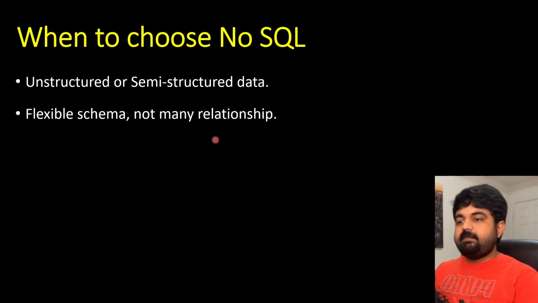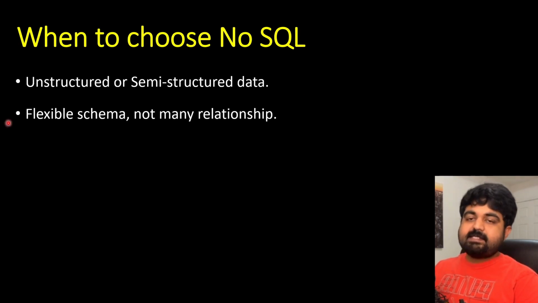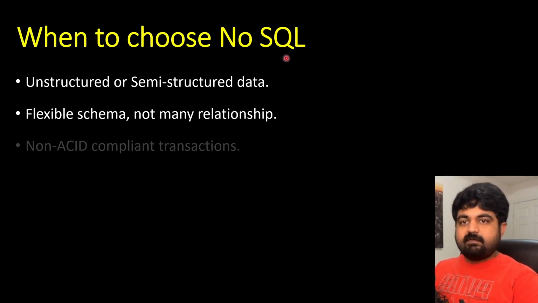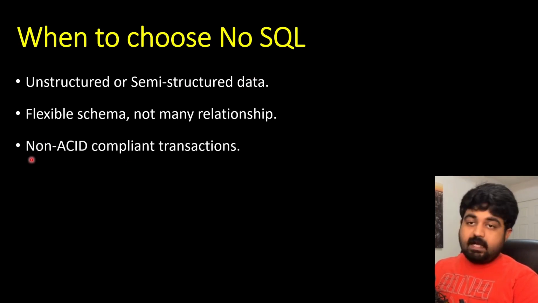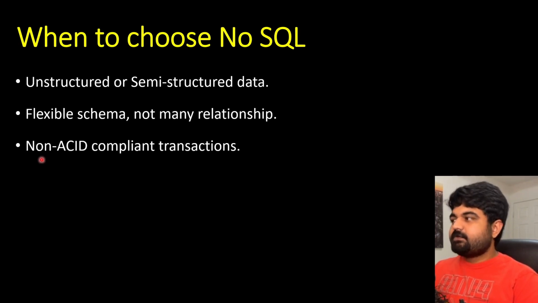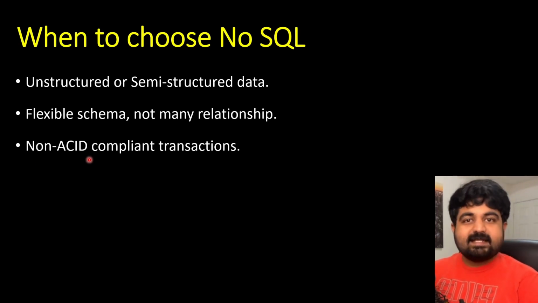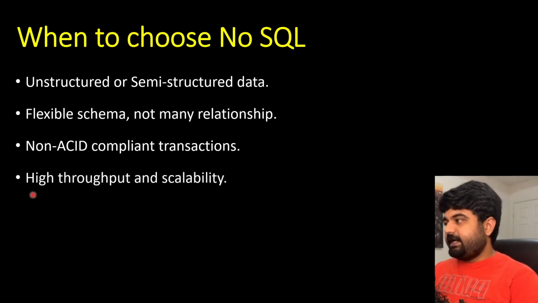The values are maybe isolated, dynamic in nature, with rapid change in the incoming data that you cannot predict. Under those scenarios, NoSQL is a great idea. Now, NoSQL tries to implement ACID, but it does not do a very good job of it. So whenever you are dealing with a non-ACID-compliant situation, only then use a NoSQL database.